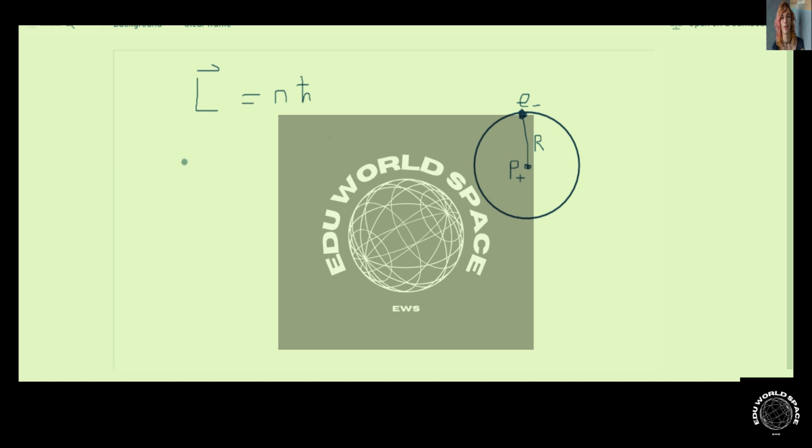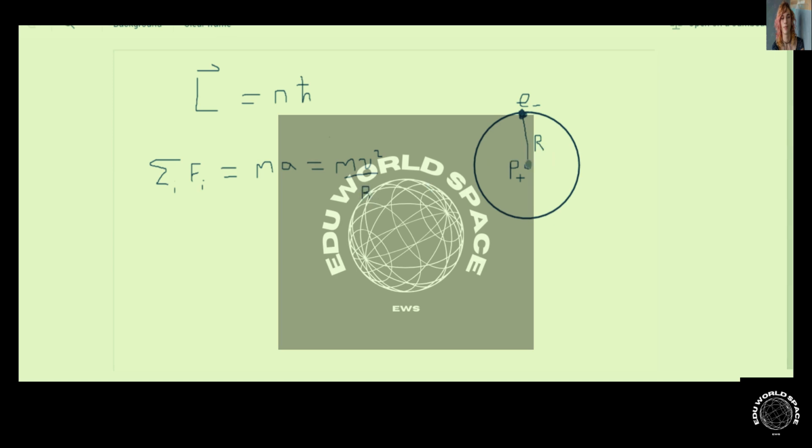What Newton's second law tells us is that the sum of the forces acting on the system is equal to ma. However, in our case we are dealing with a circular orbit, so a here will be v squared over r. So this is mv squared over r.